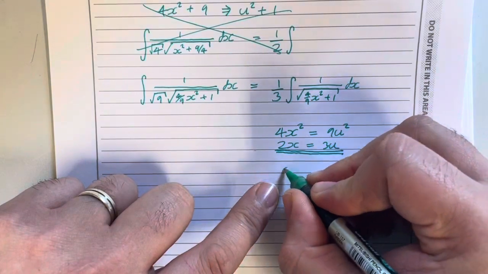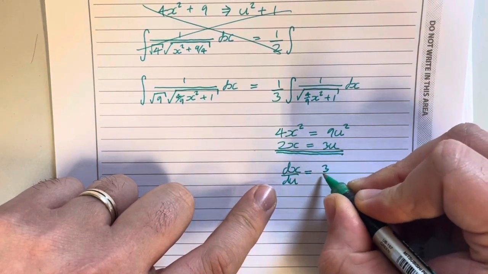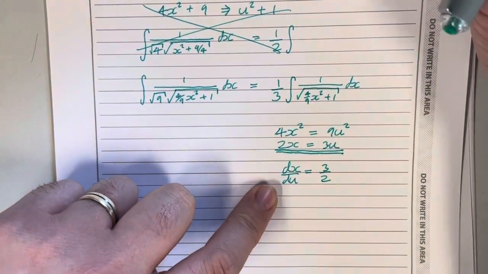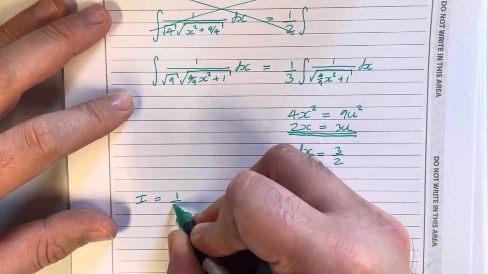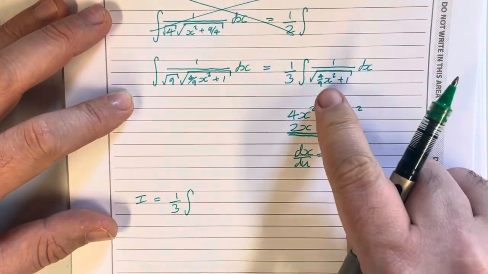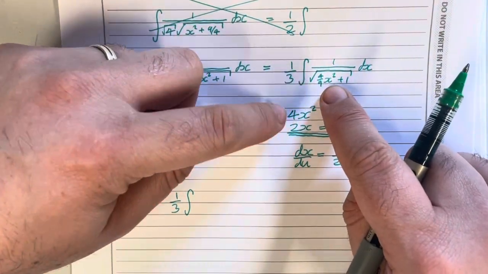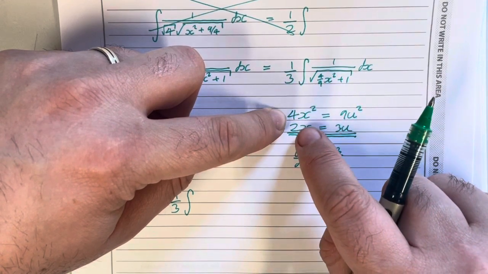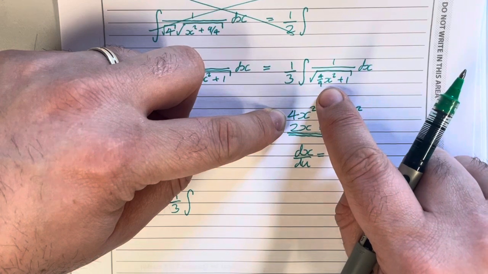So I'll get that dx by du is equal to 3/2, which allows me to make this substitution. The integral is a third times the integral of, because of how I've chosen this, u squared, since 4 over 9 x squared is just u squared.